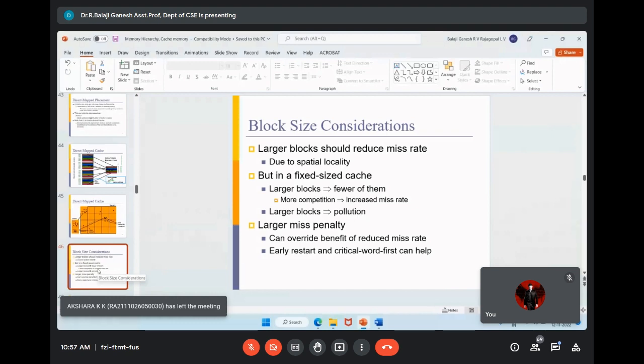And larger blocks will also pollute the cache. That means there will be frequent swap in, swap out, right? We can go for larger block sizes when we want to access items located at very nearby indexes.